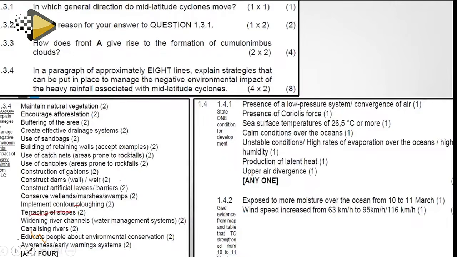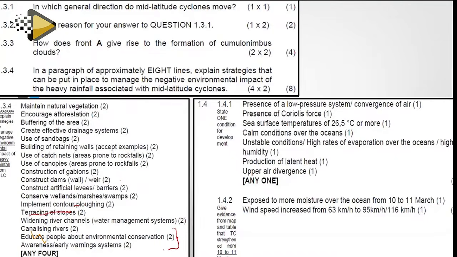So awareness, early warning systems and educating people is one of the strategies that you can apply for any question that says suggest strategies to reduce a certain problem.